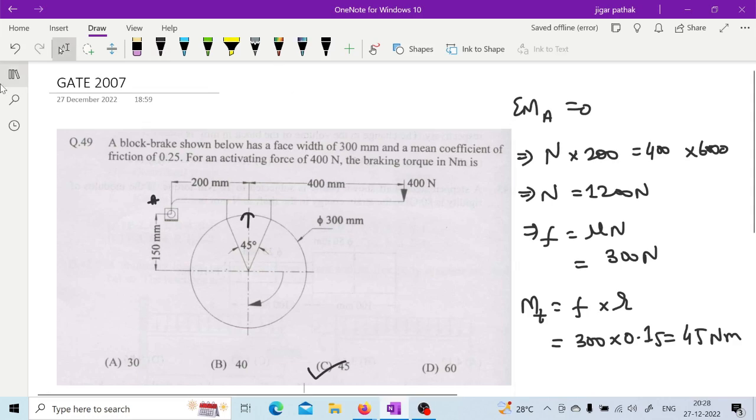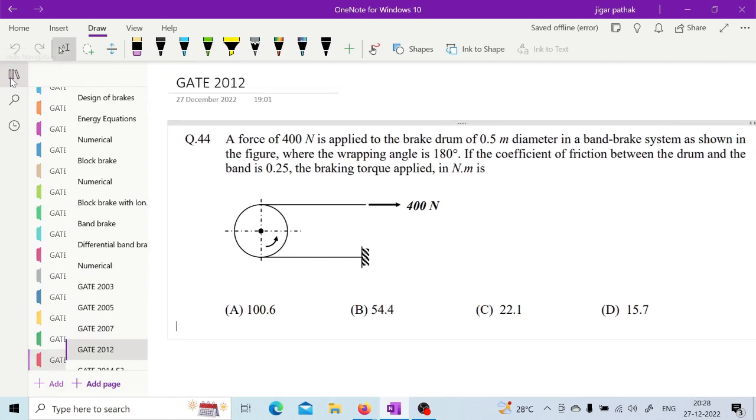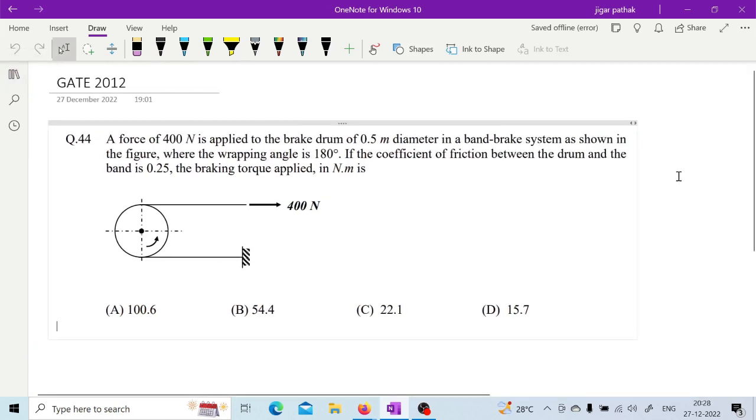Yes, sir. So now if you go to the next one, a force of 400 Newton is applied to the brake drum of 0.5 meter diameter in a band brake system as shown in the figure. The wrapping angle is 180 degrees, and the coefficient of friction between the drum and the band is 0.25. Find the braking torque applied in Newton meter. So can you calculate this?